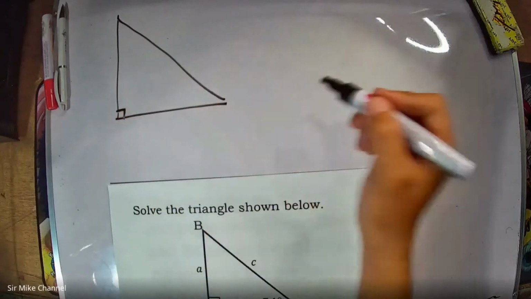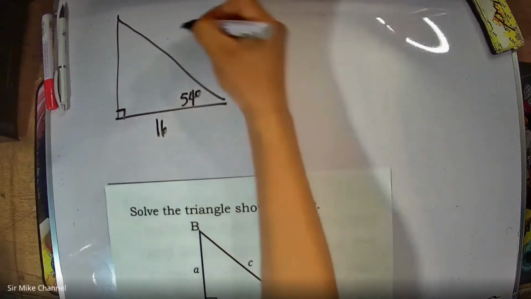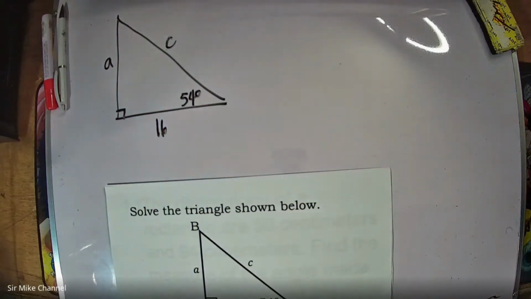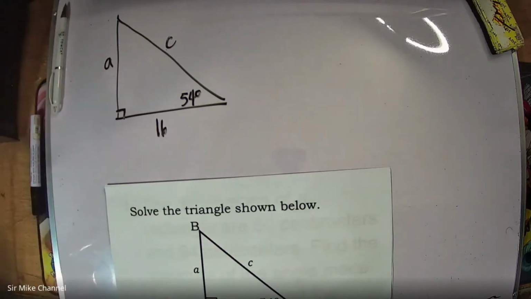We have the 90 degrees, 54 degrees, this is the 16, this is C, this is A. So first, let's find the value of A.